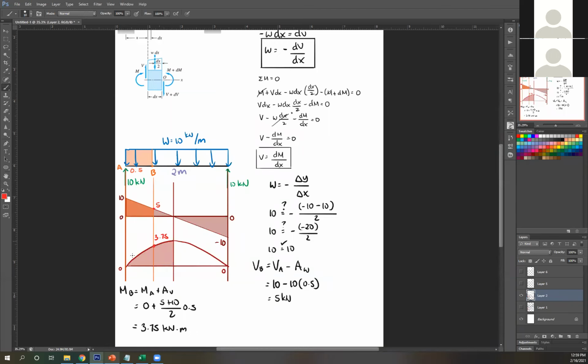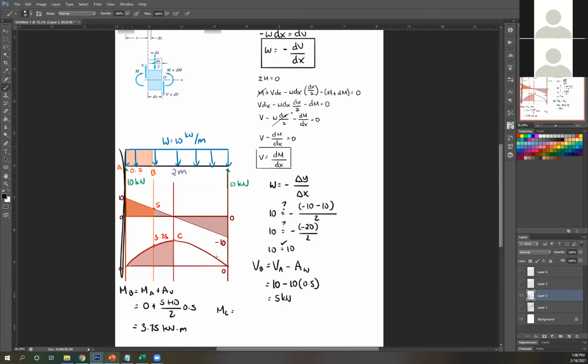Now, what if I want to take the maximum moment of this beam? Then you're going to take it at the highest slope of your bending moment diagram. So here, let's call that point C. For the moment at C, again, you're just going to take the area between two segments. It's smart to choose your A as a support.